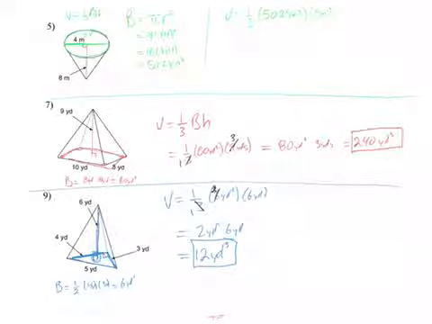So this one doesn't look like it's going to reduce very nicely, so I'm going to take that 50.24, multiply it by 8, and then divide it by 3, and I get 133.973 repeating, so I'll just stop it there at 133.97 meters cubed, because I had meters squared times meters. So that's what my volume is equal to.